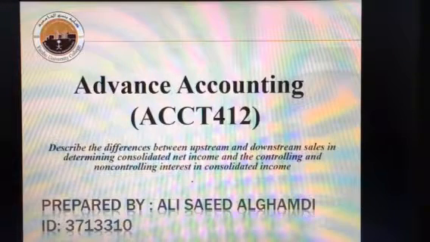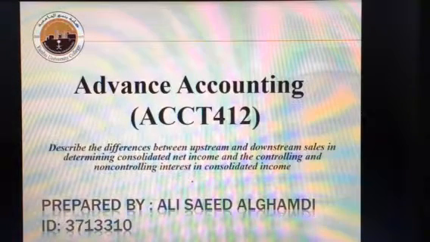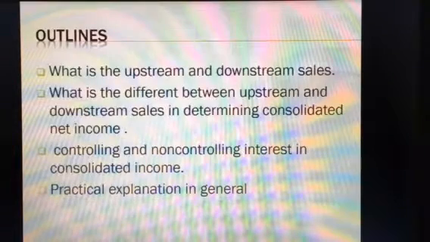I am going to talk about the difference between upstream and downstream sales in determining consolidated net income and the controlling and non-controlling interest in consolidated income. First of all, I divide my work into 4 parts.